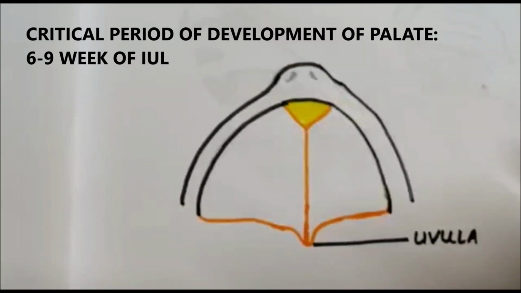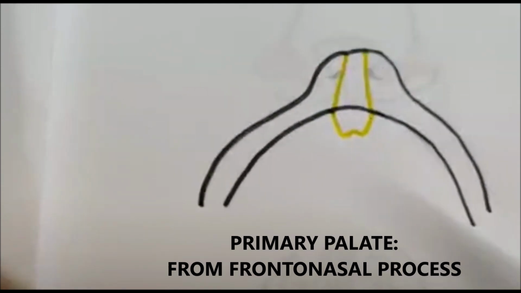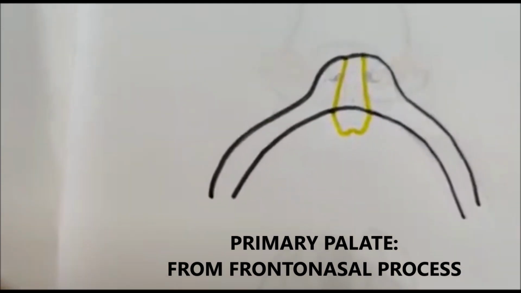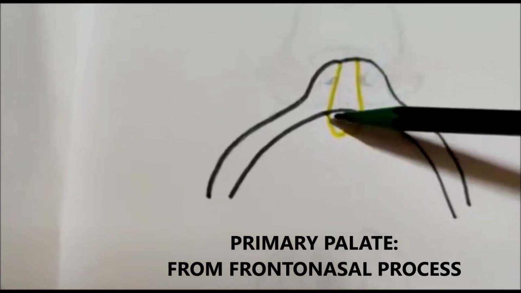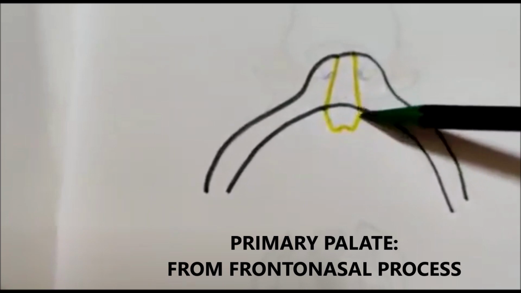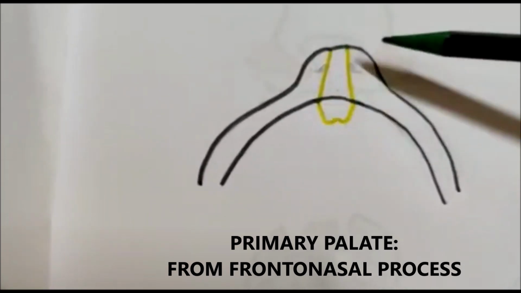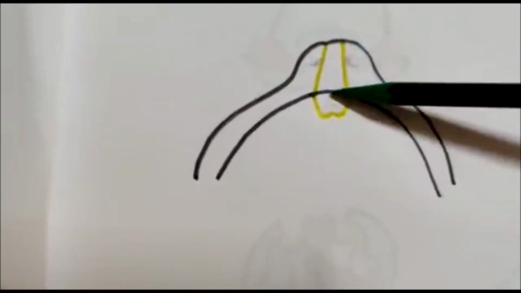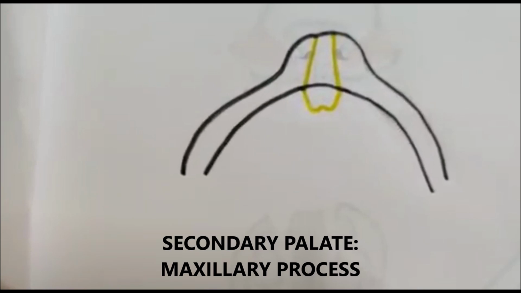The primary palate, or median palatine process, has developed from the fusion of the two medial nasal processes, which are basically part of the frontonasal process that has developed internally, and it lies just behind the philtrum of the developing upper lip.